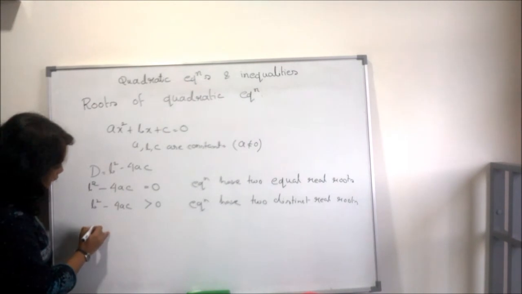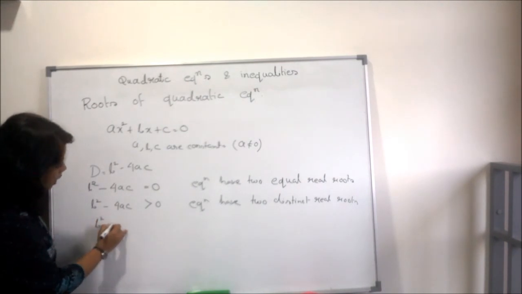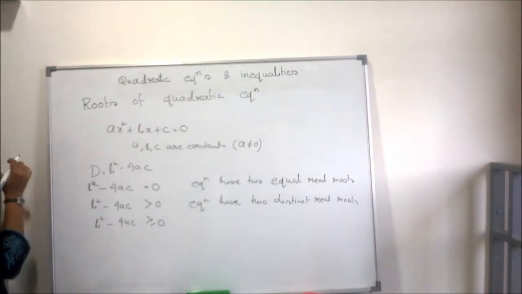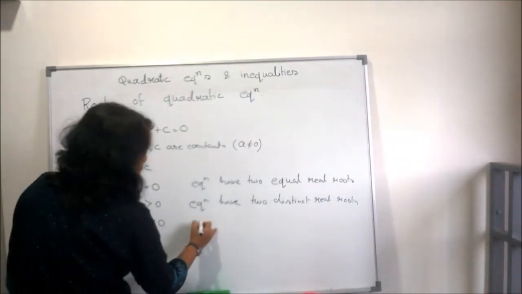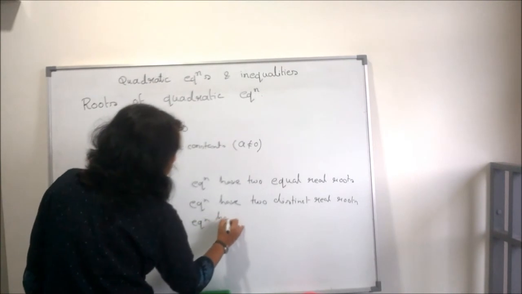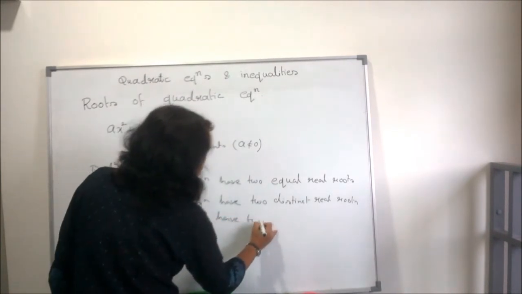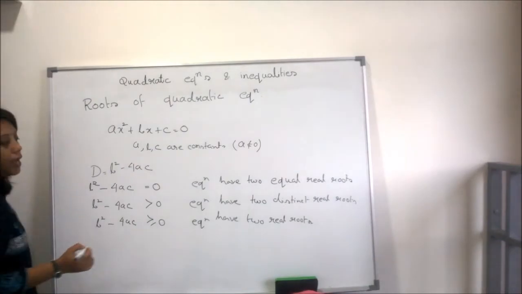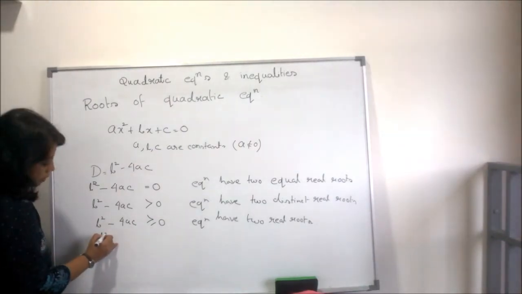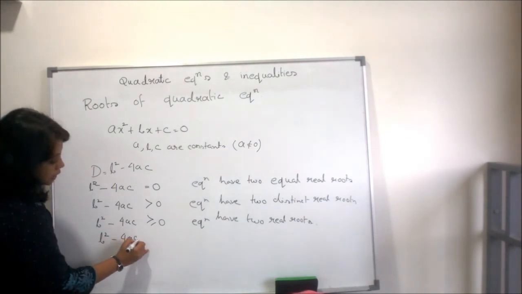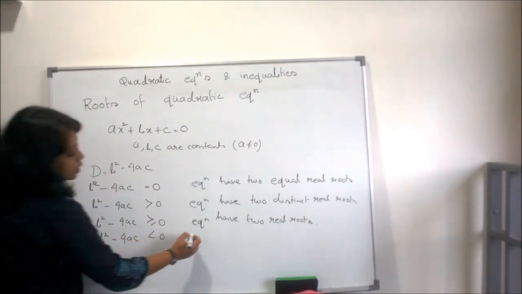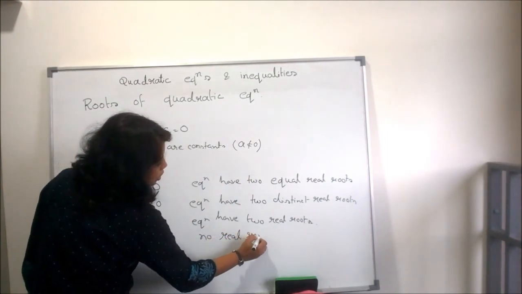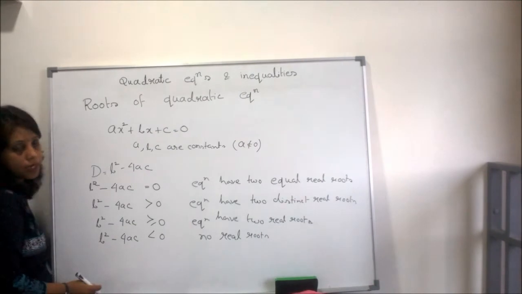Okay, and if b² − 4ac is greater than or equal to 0, then the equation has real roots. And if the discriminant b² − 4ac is less than 0, then no real roots. That means the roots are complex.